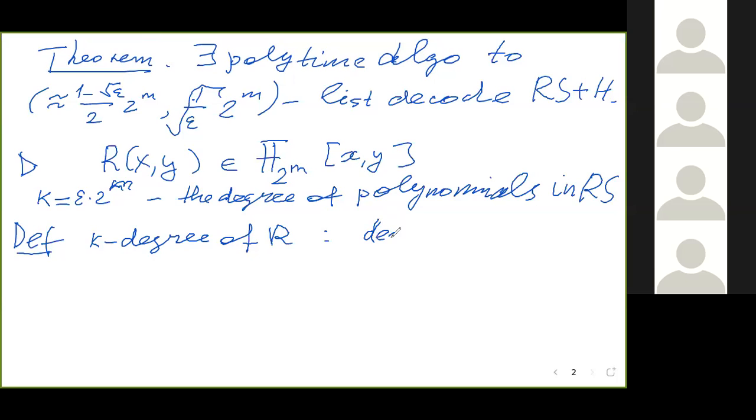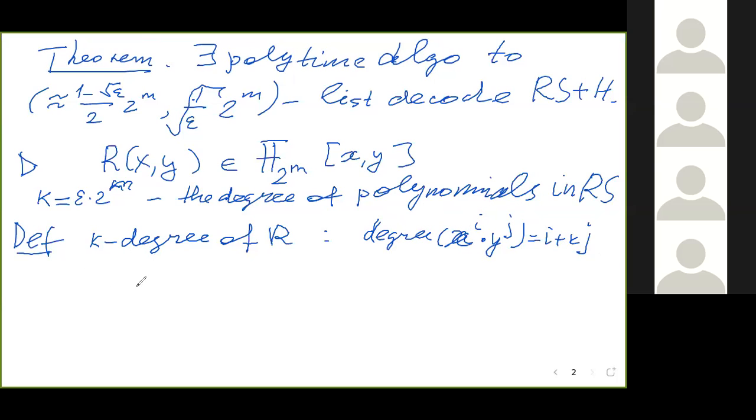So the degree of x to the i times y to the j is equal to i plus k times j. So to say, y is k times more valuable than x.